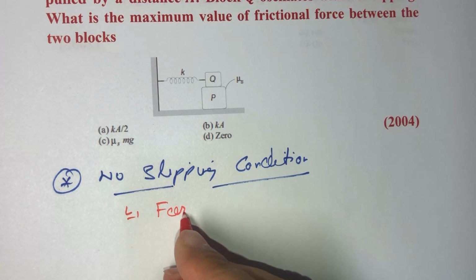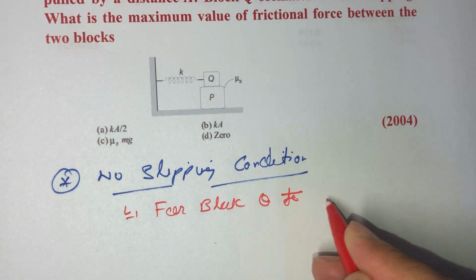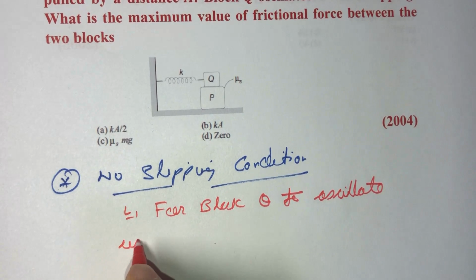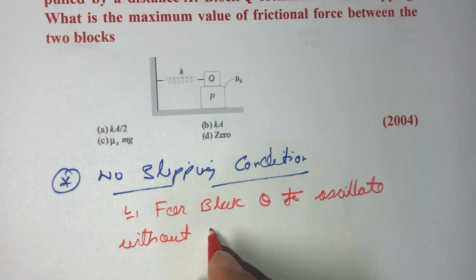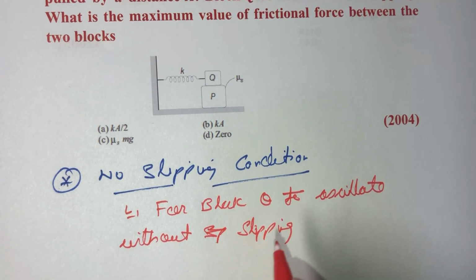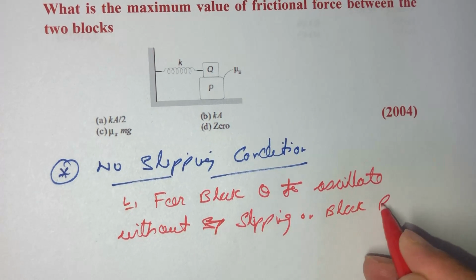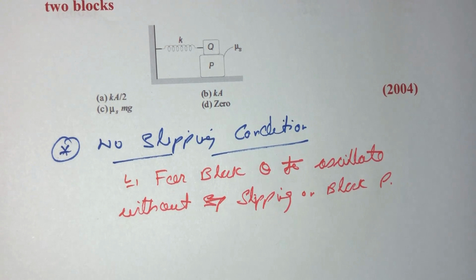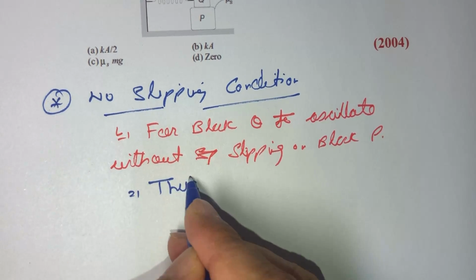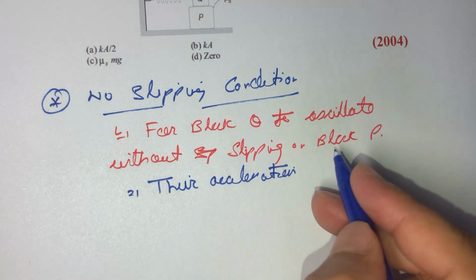So for block Q to oscillate without slipping on block P, their acceleration must be the same.